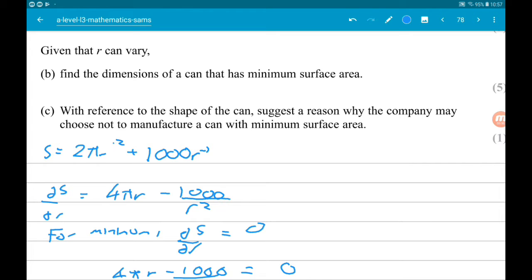It's going to give us a diameter of 8.6. Now that is really big. If you look at a can of Coke, they're nowhere near that size. So I reckon we would say the radius is far too big, making the can far too wide, and it just wouldn't be efficient to put on shelves because it would take up too much room.